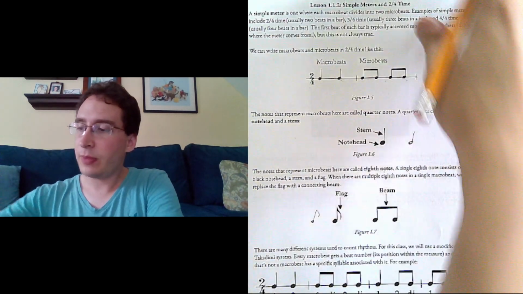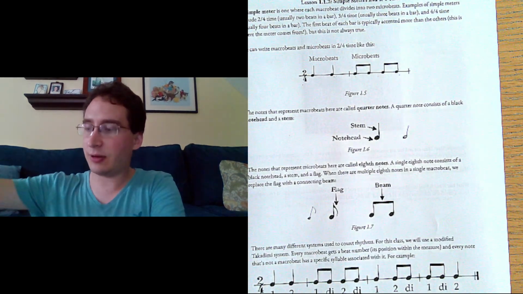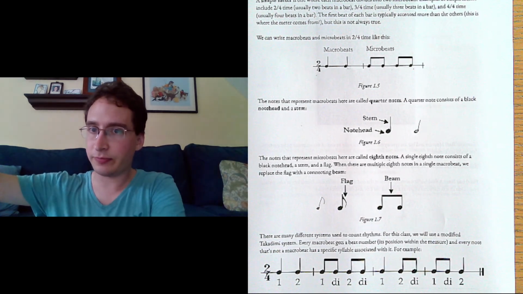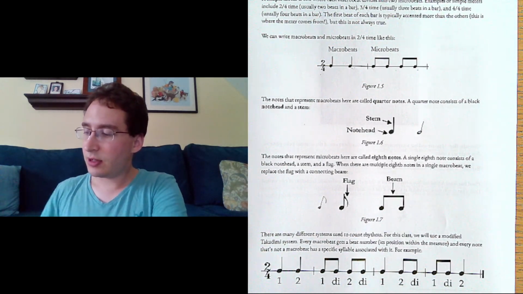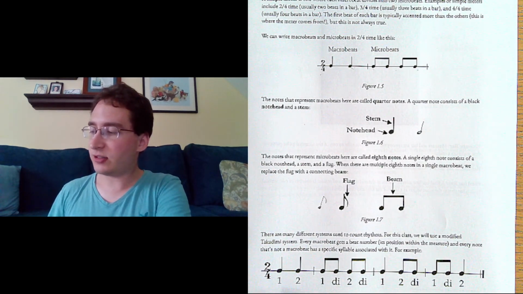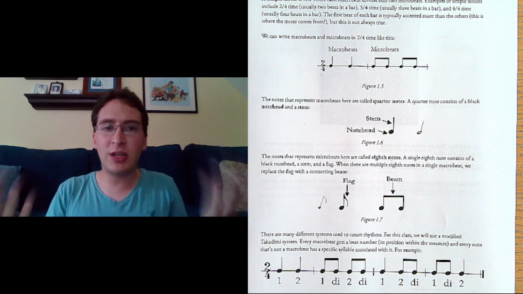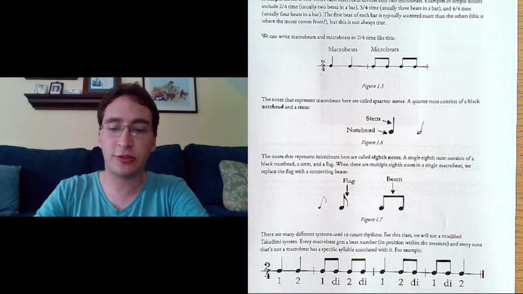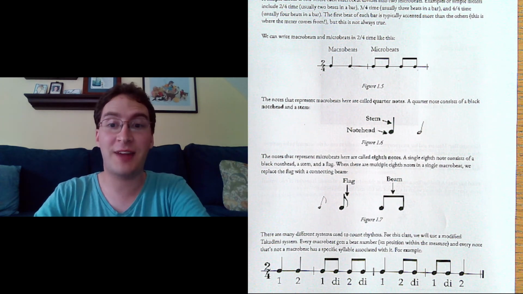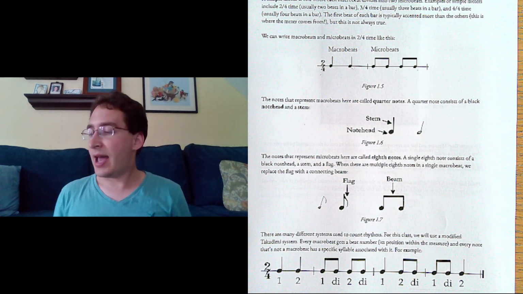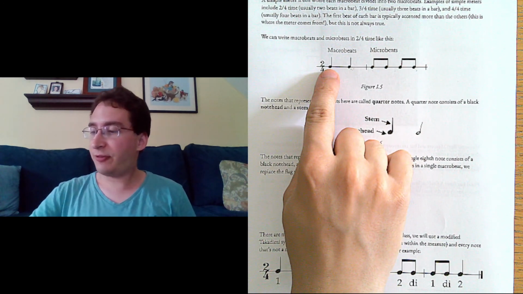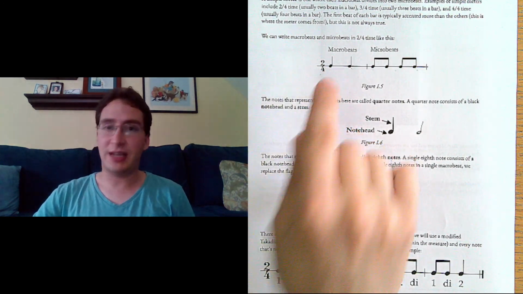So then, when we talk about notating rhythms, if we want to know how to say them, we usually use some sort of rhythm syllables. We'll be using what is called a modified Takadimi system for this class, and every big beat, every macro beat gets a number.